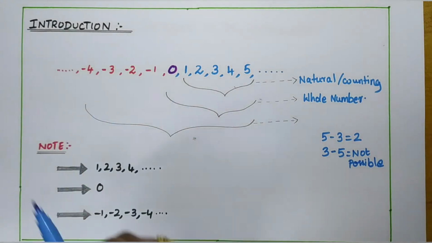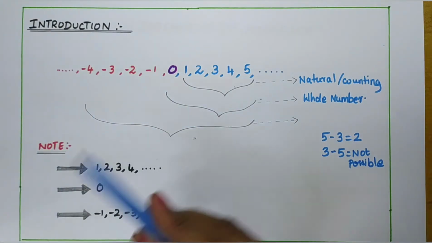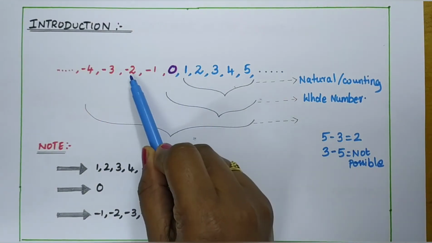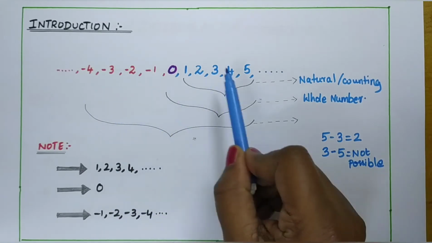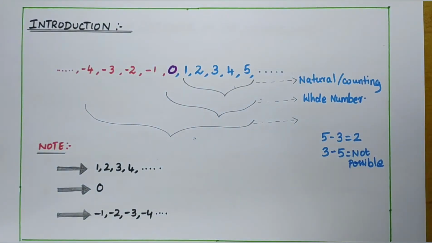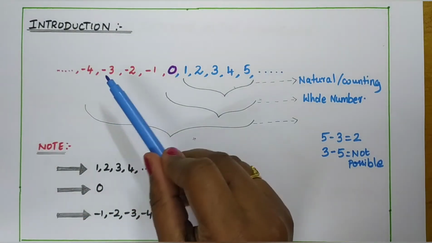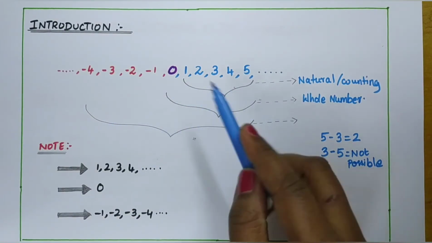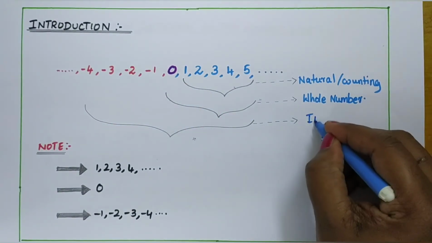Before 0, we introduce the opposite of 1 as minus 1, of 2 as minus 2, of 3 as minus 3, of 4 as minus 4, and so on. This is the purpose of introducing negative numbers. The combination of negative numbers, 0 and positive numbers together is called integers.